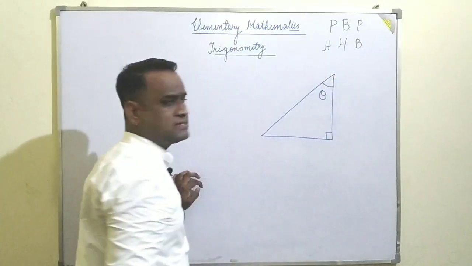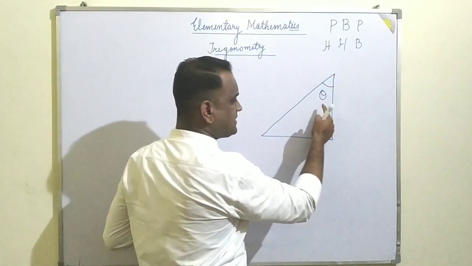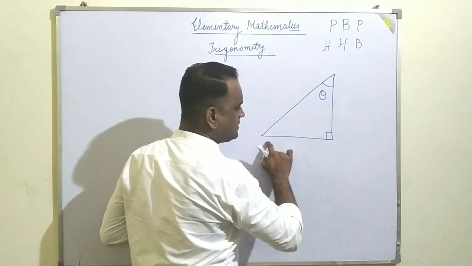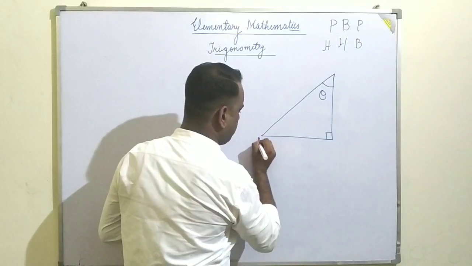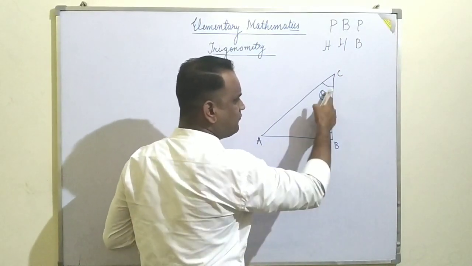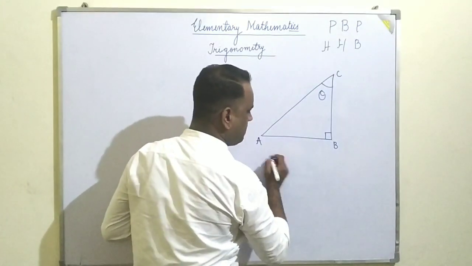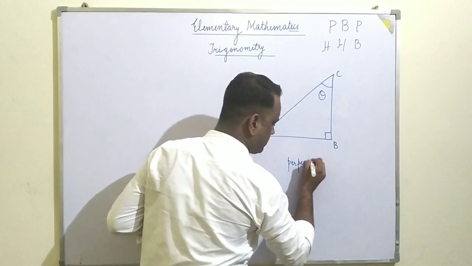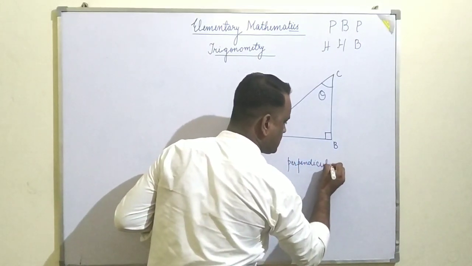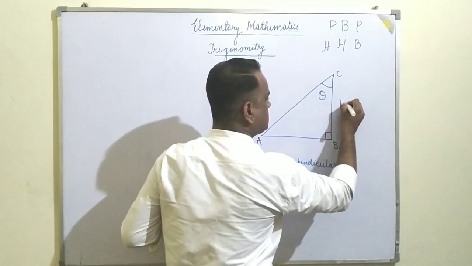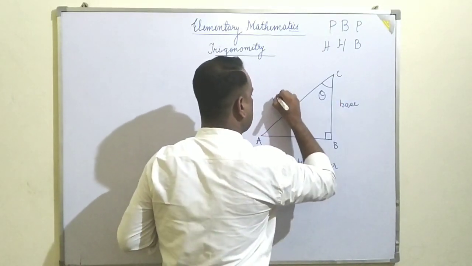The side which is in front of theta, let us name the vertices A, B and C. Here side AB is in front of theta, so this will be the perpendicular. This side will be the base and this will be the hypotenuse.